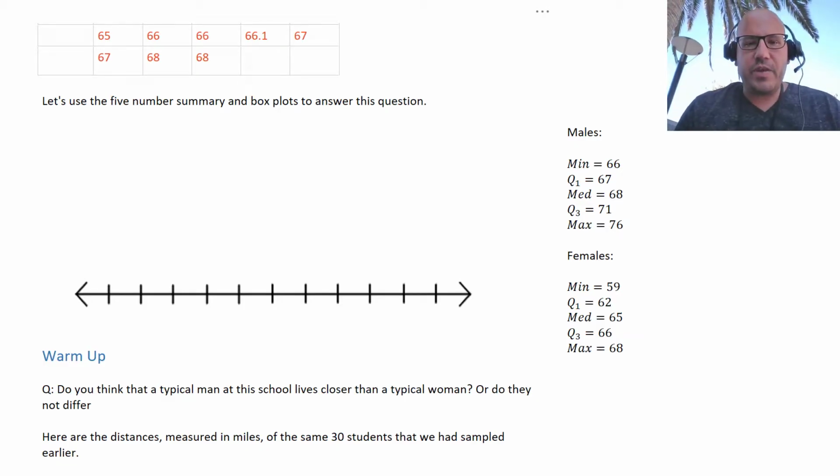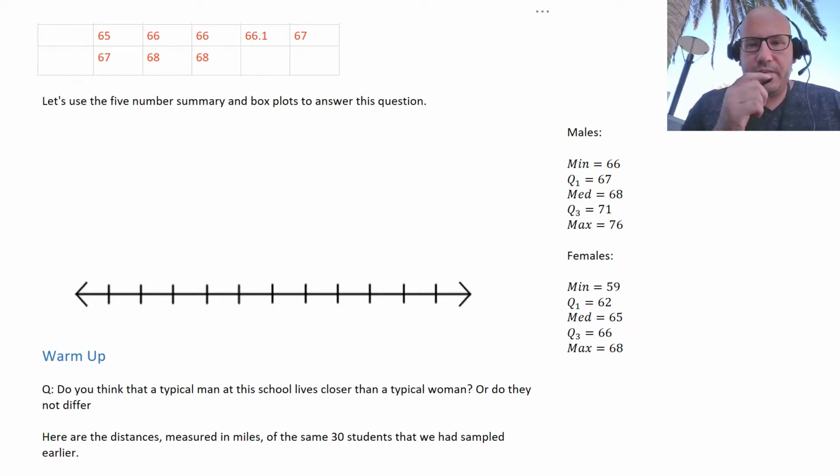Now with the 5-number summary done, we're going to make our box plot so that we can do our comparisons. The first thing we need to do is decide what our scale is. We want to be able to compare them, so we want a scale that goes from the smallest to the largest possible. The shortest person here is this 59-inch person, 4'11". The tallest is 6'4".